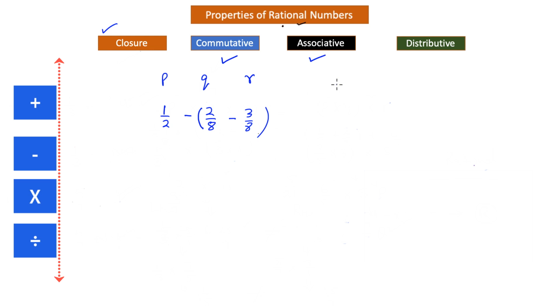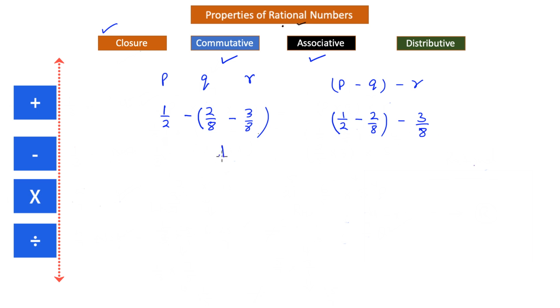If it does, then it should be the same thing as P minus Q minus R, right? Changing the subgroups should not alter the result. In that case, 1/2 minus 2/8 is my first subgroup and subtraction of 3/8 from that will be my whole new expression, right?